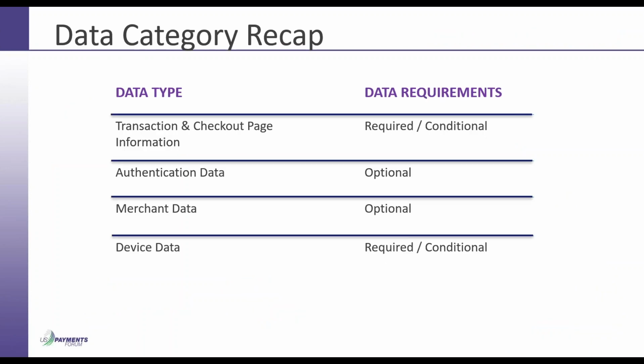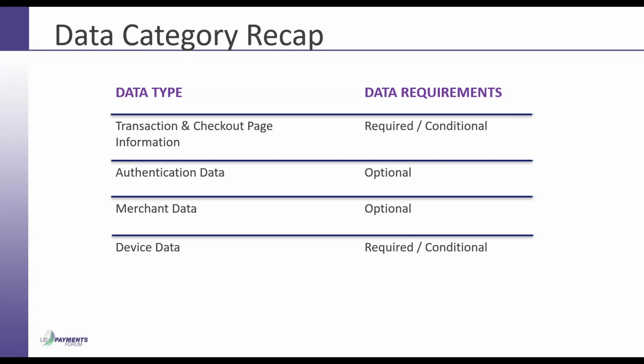So in summary, we talked about the 4 main buckets: transactional checkout information, which for the most part are required or conditionally required. There's incremental data about the consumer and their interaction with the merchant site. So that's the authentication data and merchant data, and those are optional to be passed.